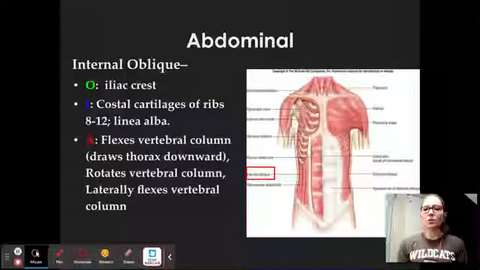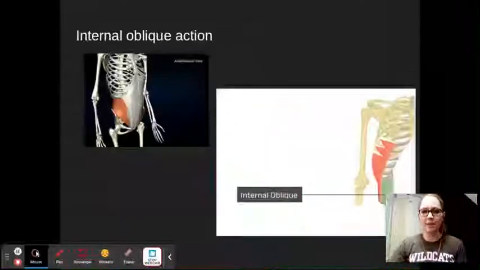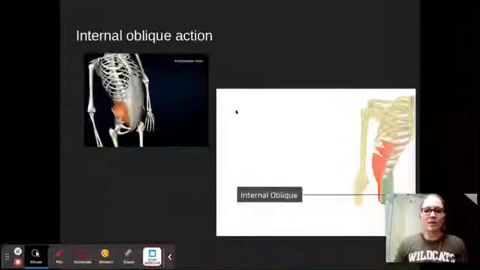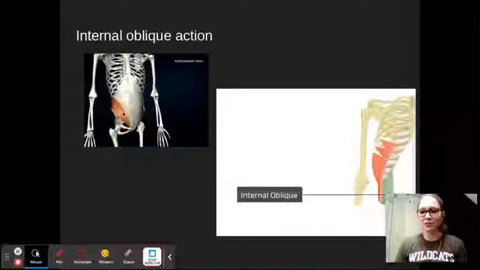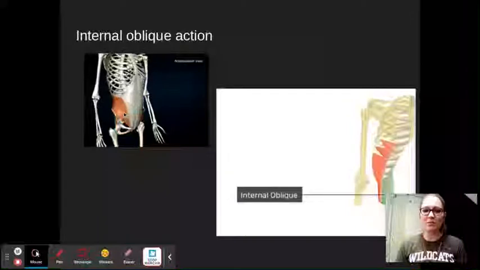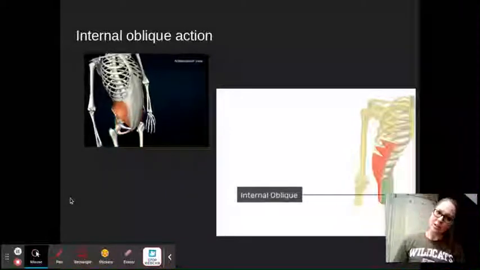It does similar motions as the external oblique. It flexes the vertebral column, it rotates it, and then it also laterally flexes the vertebral column. So here's a nice GIF showing you guys all of the motions that we just talked about. There's the lateral flexion.